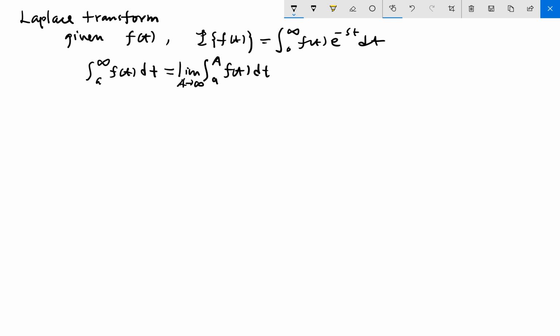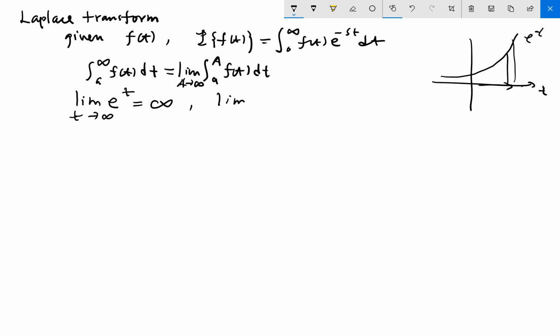Before we find the improper integral, we need to know the limit of some important functions. For example, e to the t and e to the negative t, as t goes to infinity. e to the t is a function like this. When t goes to infinity, e to the t gets bigger and bigger, goes to infinity.